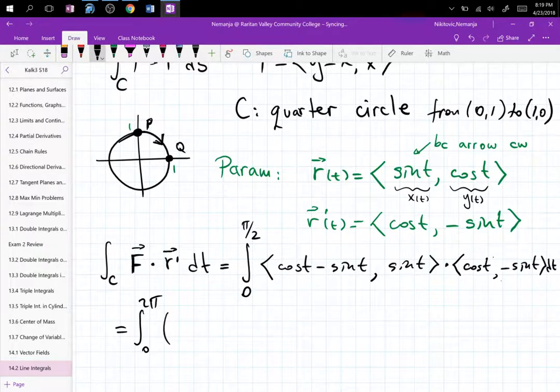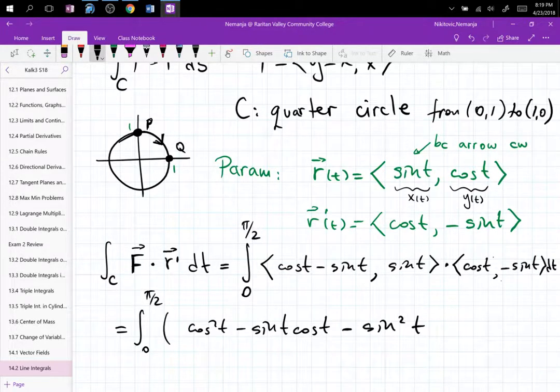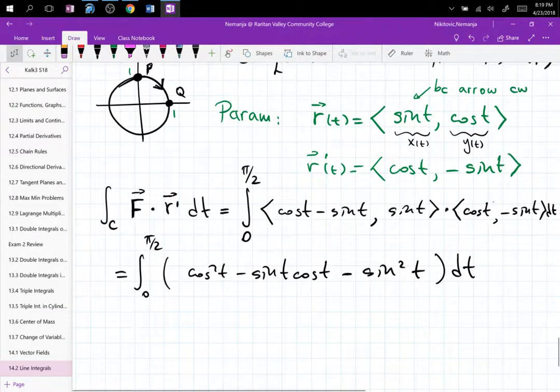Remember, you multiply x components, you multiply y components, and you add them. So I have cosine squared t minus sine t cosine t, plus, for the dot product, negative sine squared t. Oh yeah, power 2. So minus sine squared t dt.